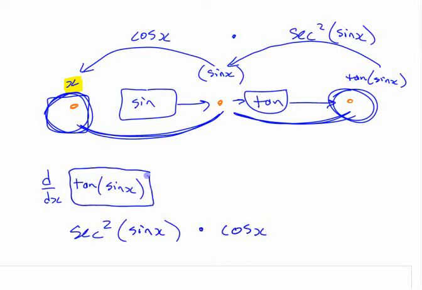Tangent of happy face, the derivative is secant squared of happy face. But look, this is not a happy face here. Happy face is not the variable.